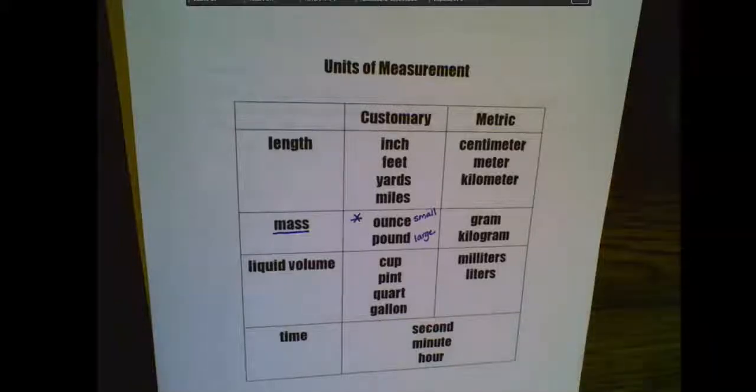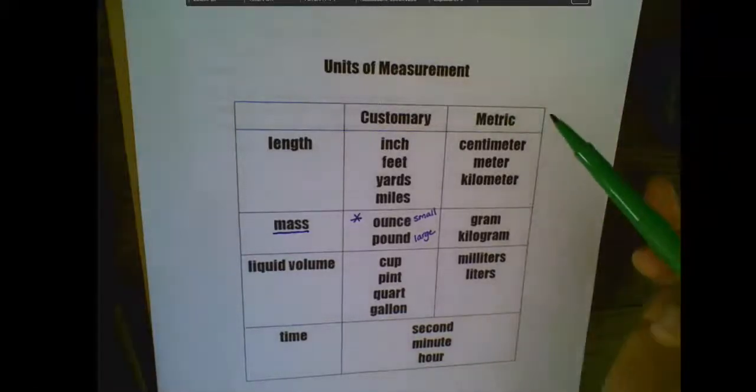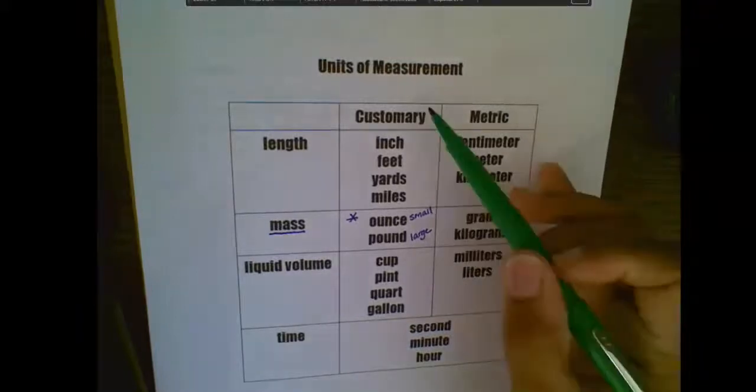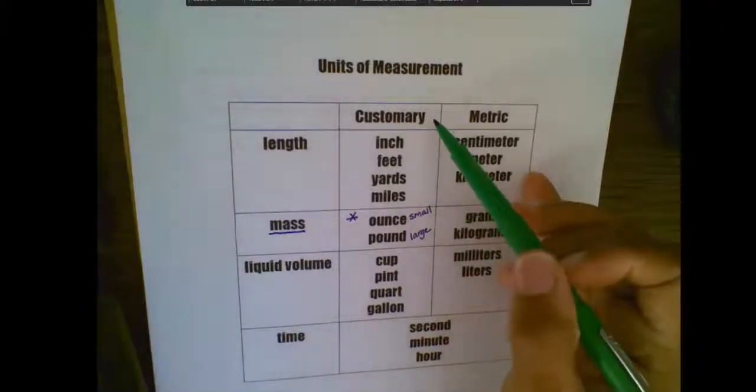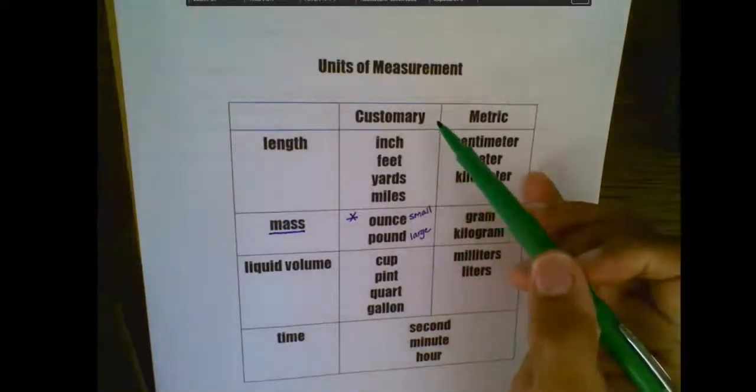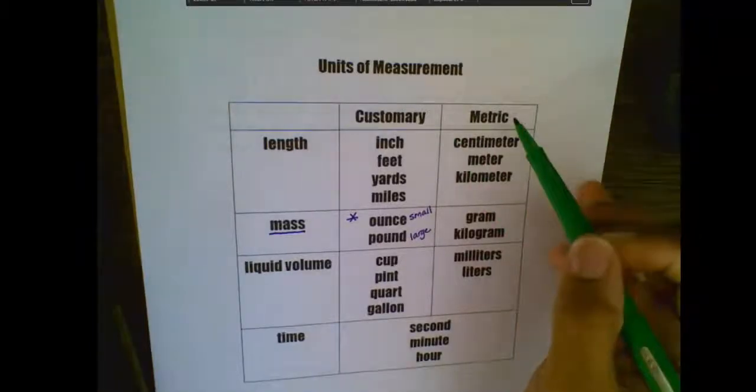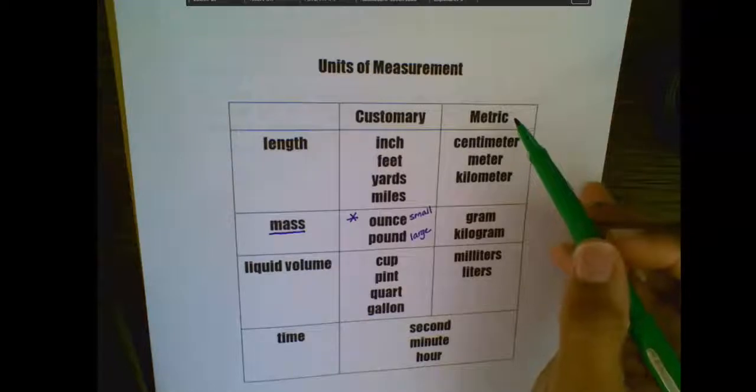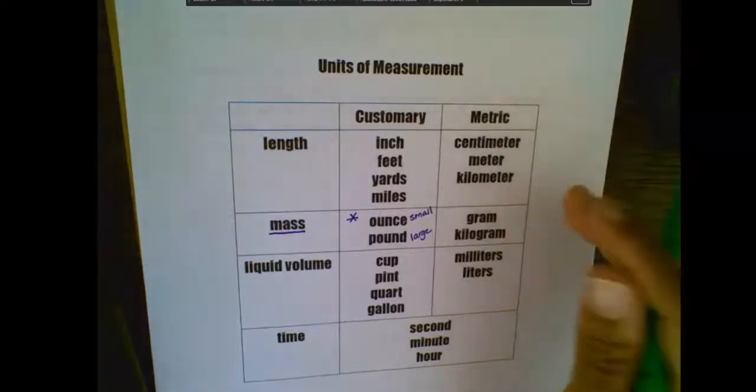Okay guys, so this week we have been learning about units of measurement, and we've learned that there are primarily two areas or units of measurement. The customary unit, which we use here in the United States mostly, and the metric system of measurement, which is used throughout the world.